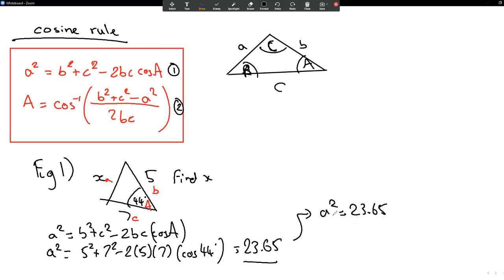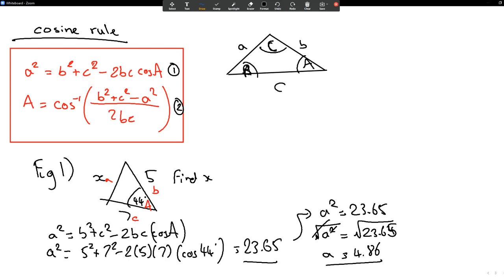You need to remember that we just want a, so we need to square root both sides to cancel out the squared. So we get that as our final answer, and if I put that in my calculator, we get a equals 4.86. So you need to remember to square root this after you've got your answer.